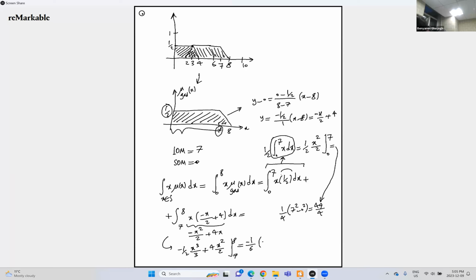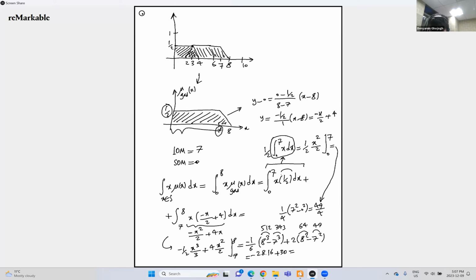We need to calculate this. Let me calculate it. So it becomes minus 28.16 plus 30.